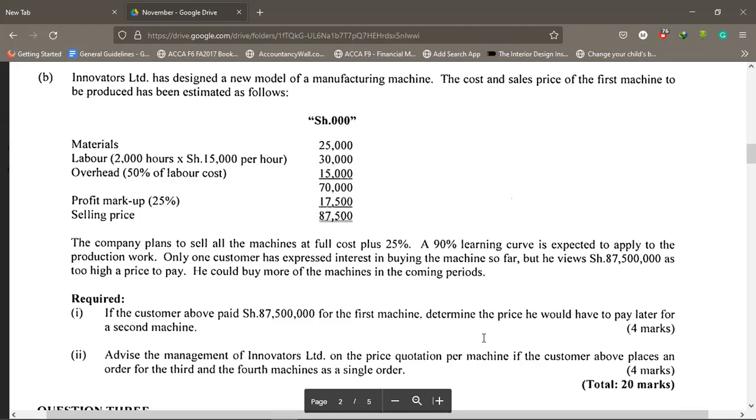A 90% learning curve is expected to apply to the production work. Only one customer has expressed interest in buying the machine so far, but if 87.5 million is too high a price to pay, it could buy more of the machines in the coming periods. Required number 1: if the customer paid 87.5 million for the first machine, determine the price he would have to pay later for a second machine.